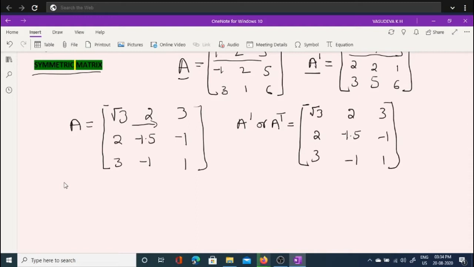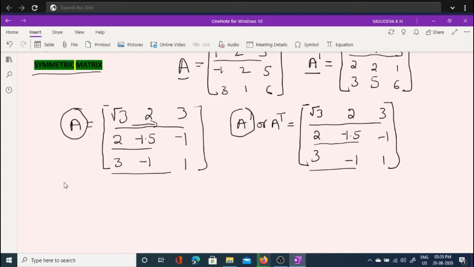So now observe these two matrices A and A dash. So what do you conclude here? ನೋಡಿ, ಇಲ್ಲಿ ನಾವು ಎರಡು matrices ಅನ್ನು ಅಬ್ಸರ್ವ್ ಮಾಡಿದಾಗ, the first row here is root 3, 2, 3, and here also root 3, 2, 3. The second row is same as here, and third row is also same.